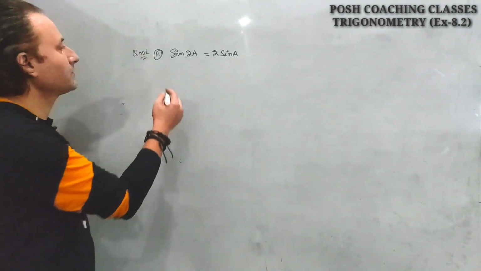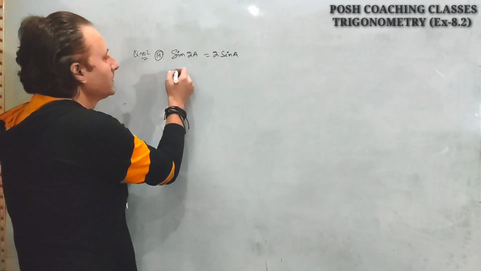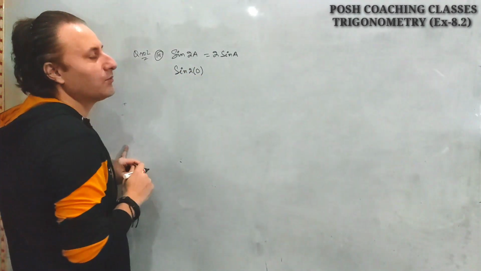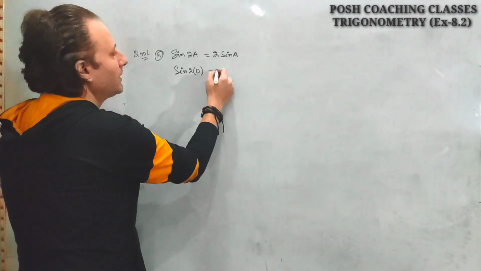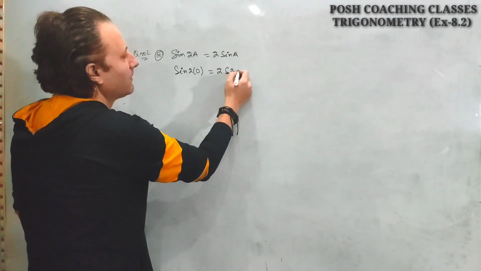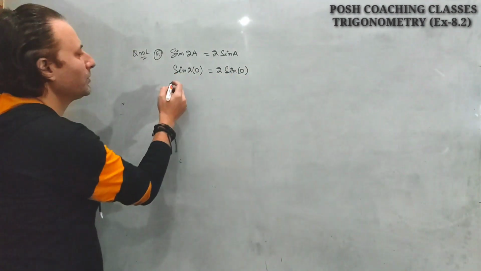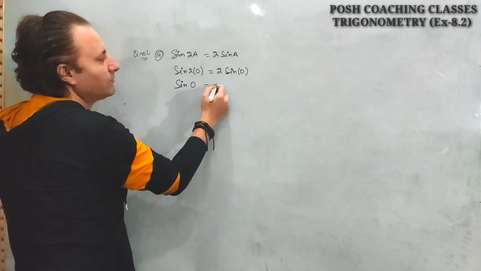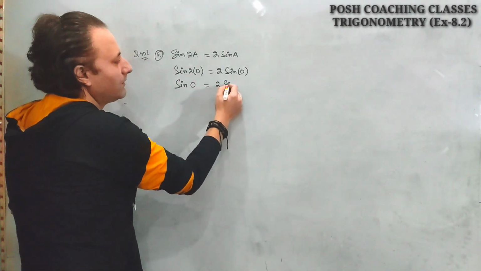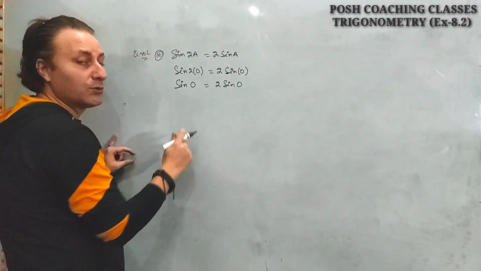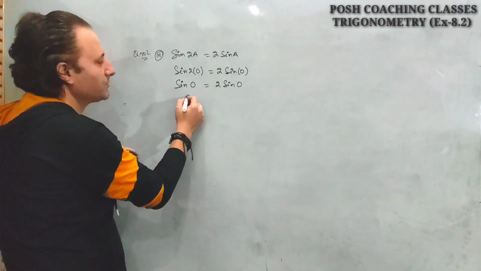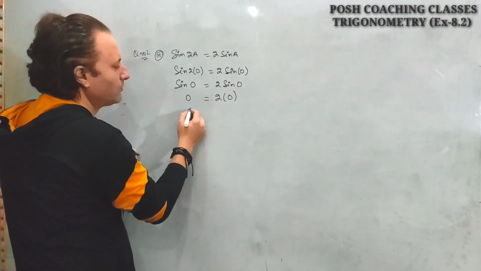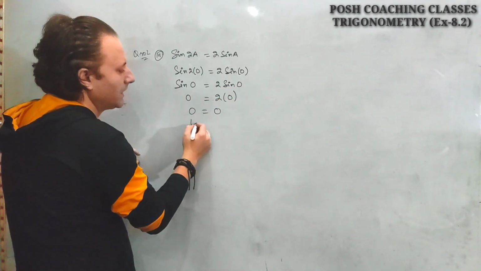So if I say here sine 2a, I'll put a 0 in place of a. Here also twice sine 0. So what does this mean? It says sine 2 multiplied by 0 is 0, then 2 sine 0. Sine 0 in the table will be 0, and 2 multiplied by 0 is 0.